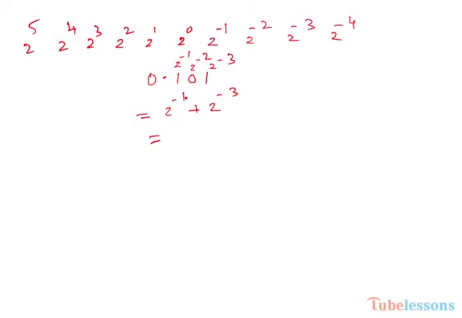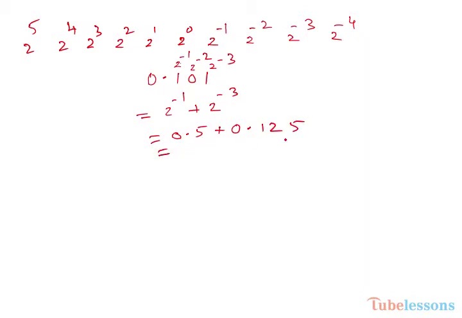So 2 to the power minus 1 is equal to 0.5, plus 2 to the power minus 3 is equal to 0.125.